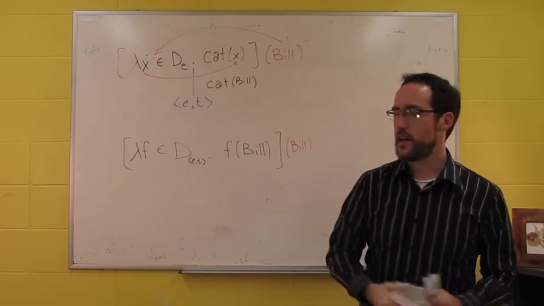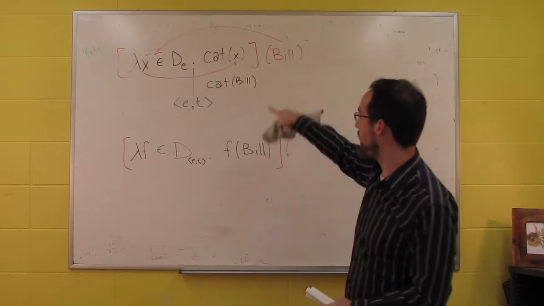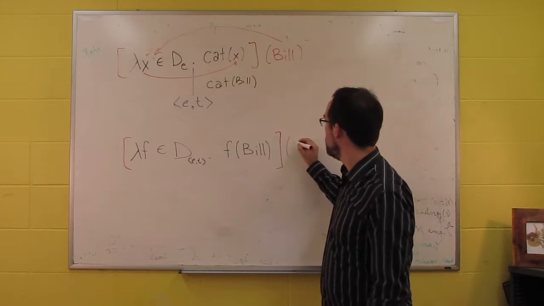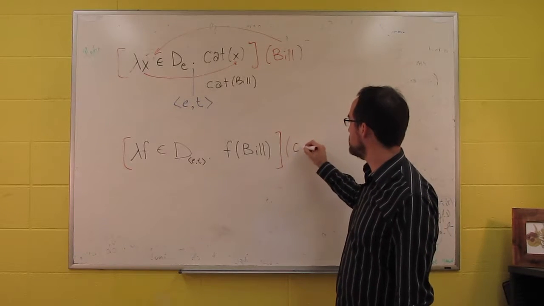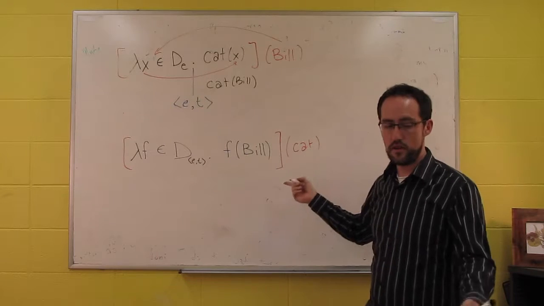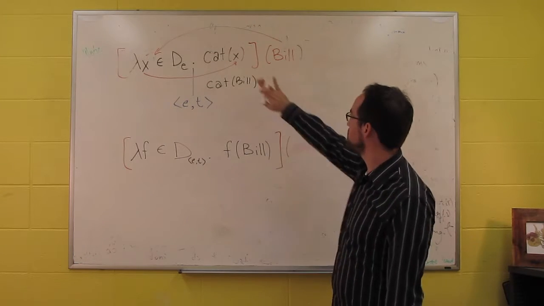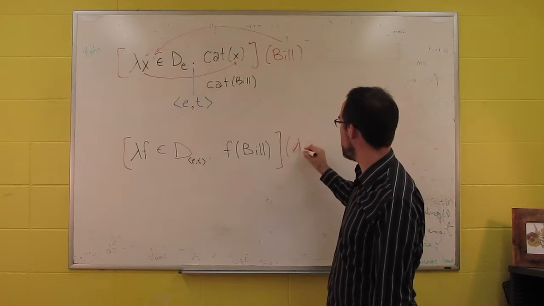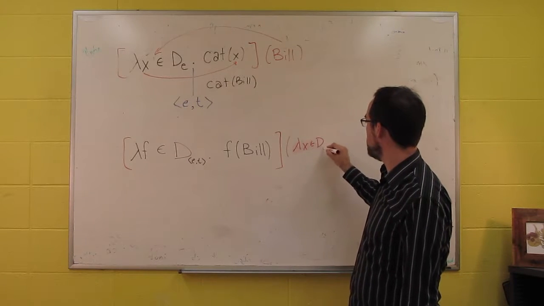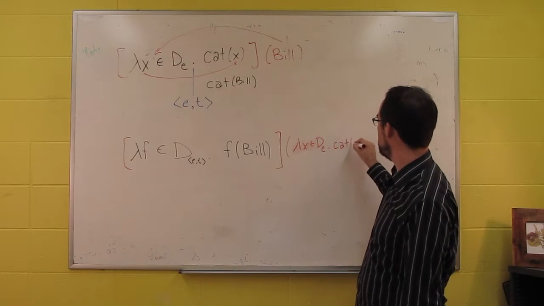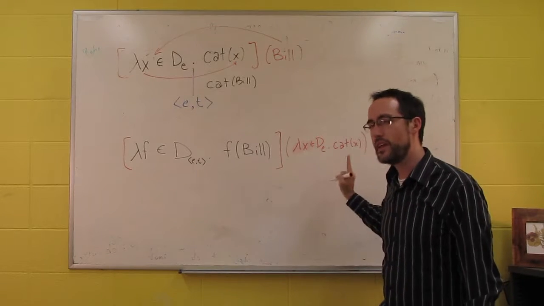Well, what is something of type ET? Cat is of type ET, but we can't just put cat, because that's just the word cat. It doesn't mean anything. What we need is the expression lambda x in d sub e cat of x. We need the meaning of cat.